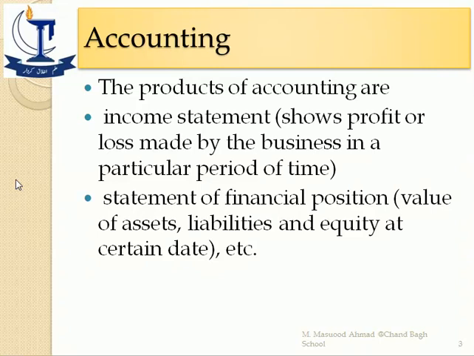And lastly but not the least, the right of the owner on the business, which is known as the equity. So these three aspects are shown in the statement of financial position, which shows the worth of the business.